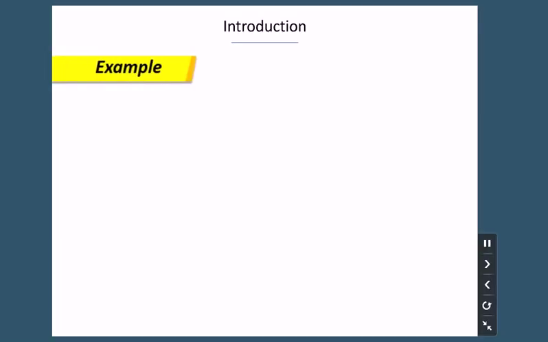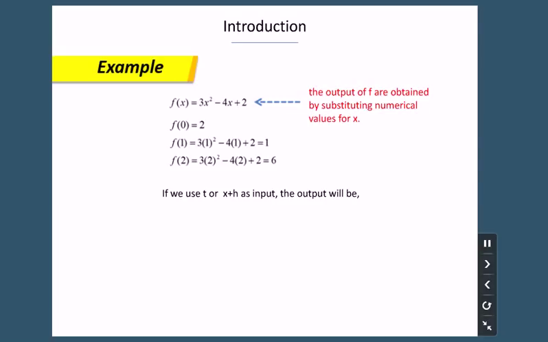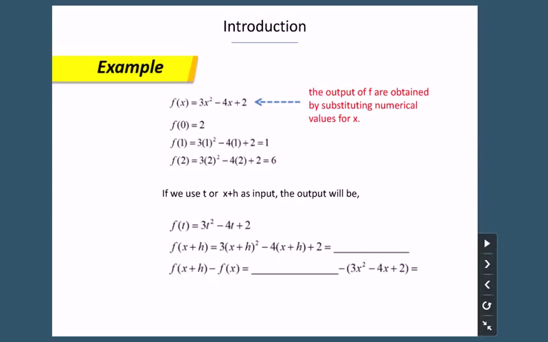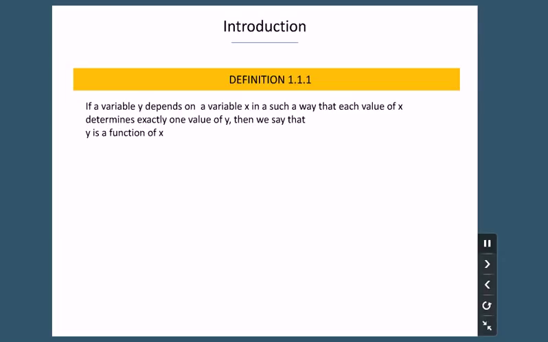Example. The outputs of f are obtained by substituting numerical values for x. Definition 1.1.1.